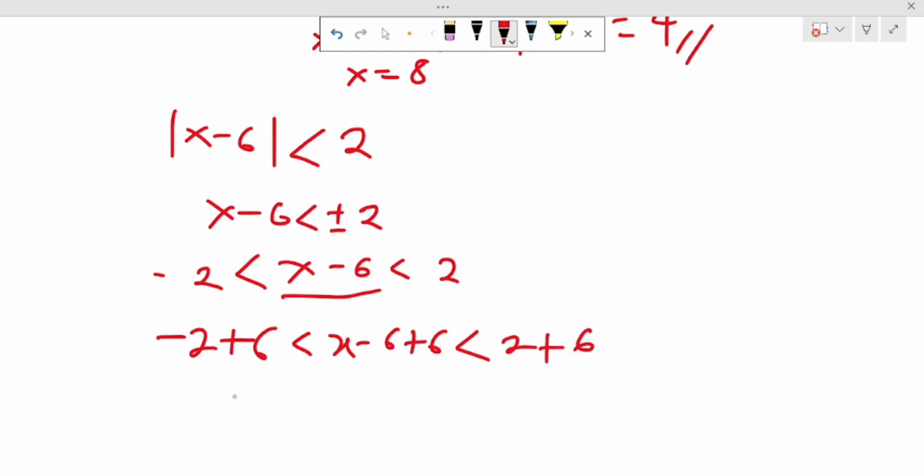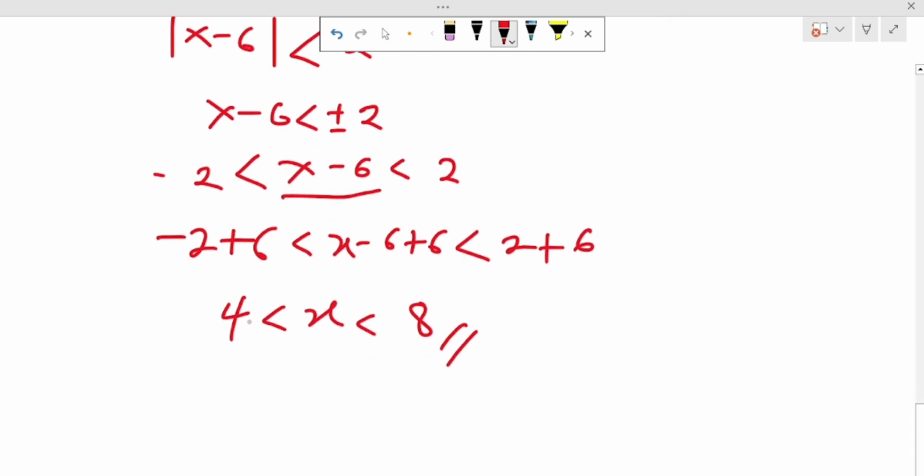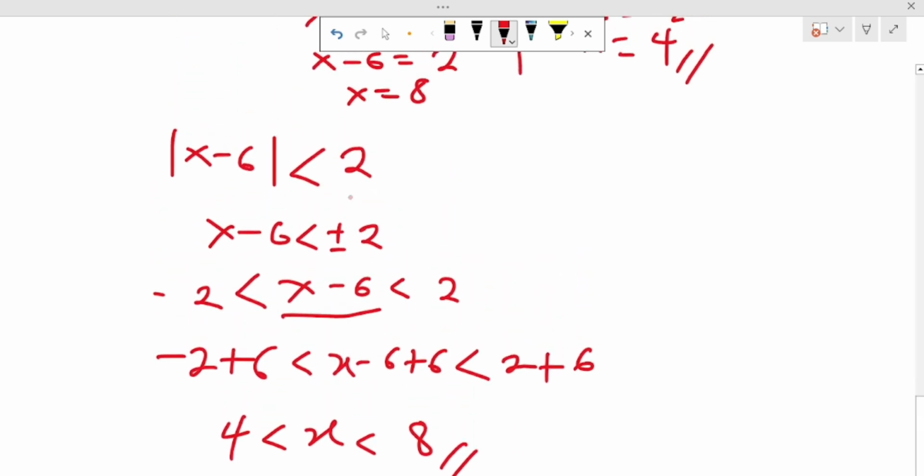Then I get 4 less than x less than 8. So this is what we get for the interval when we are using inequalities, right?